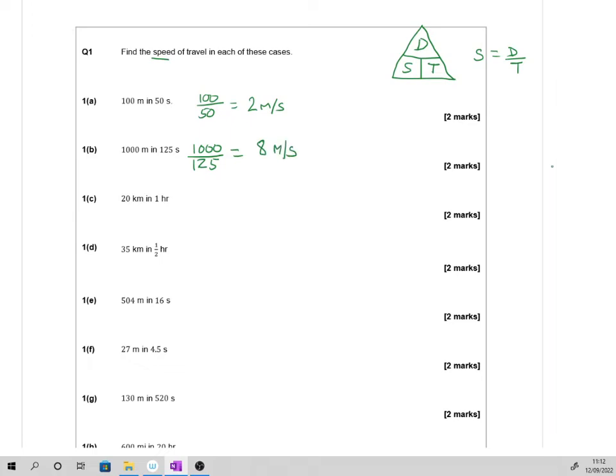And be careful of all the units. So 20 divided by 1 equals 20 kilometers per hour. That can also be written as kph. So 35 divided by half is 70 kilometers per hour.